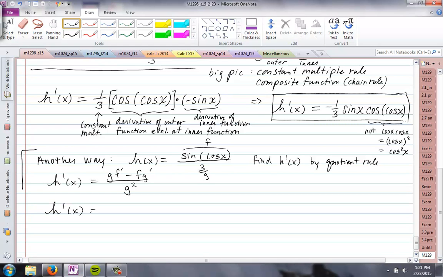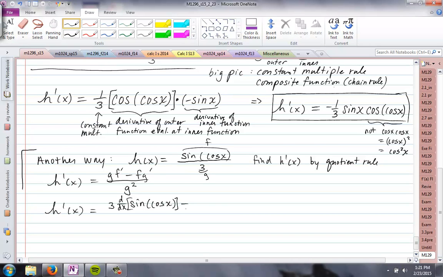So then, starting to work on this, our g is 3, our f prime is some work, it involves the chain rule. So if I don't feel like doing that off the bat, I'm just going to write down some notation that says I intend to do it.